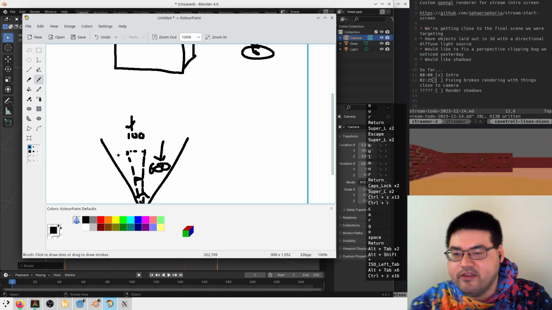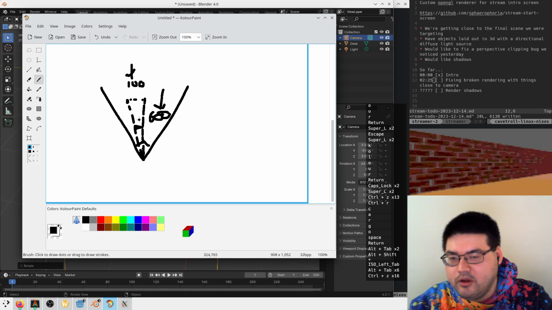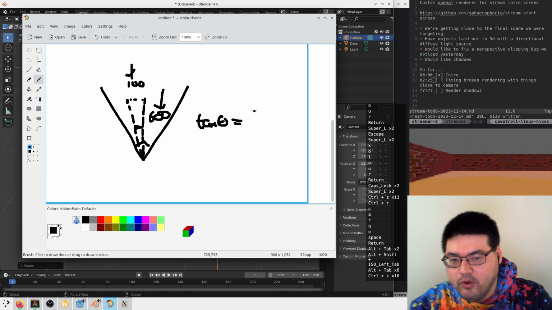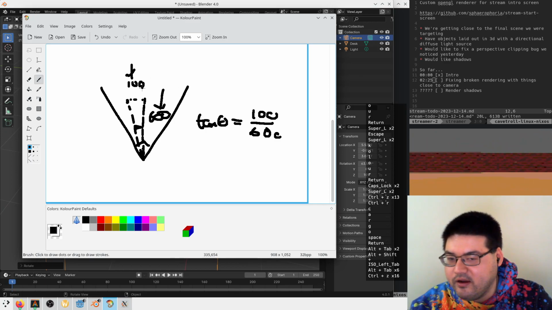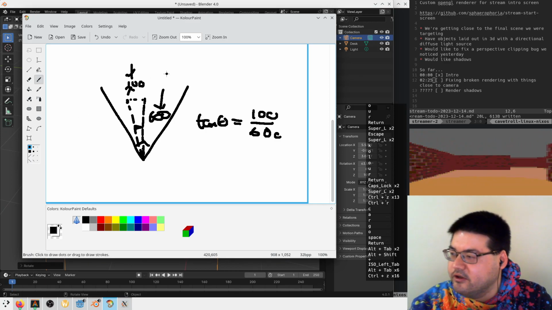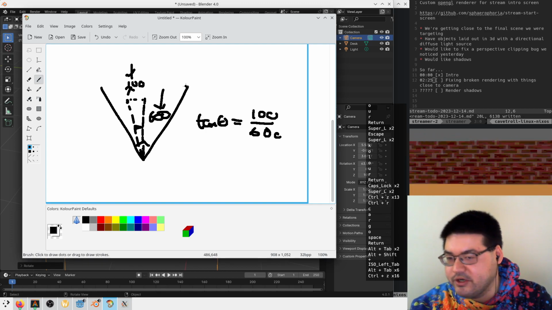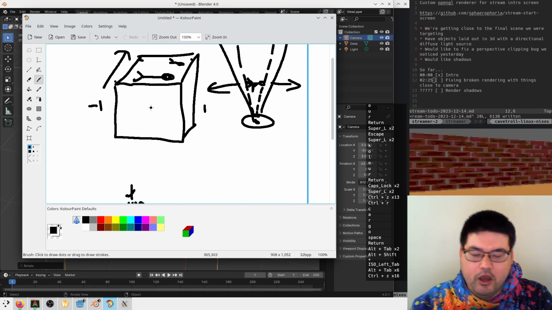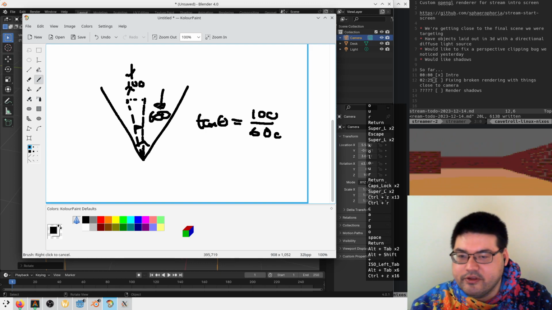So we can say that tan theta is equal to 100 over 600. All we do is divide this by Z, the distance away from us he is, and that will tell us what percentage of the screen over he is, which works well enough. But it turns out that we have to adjust this depth number as well.